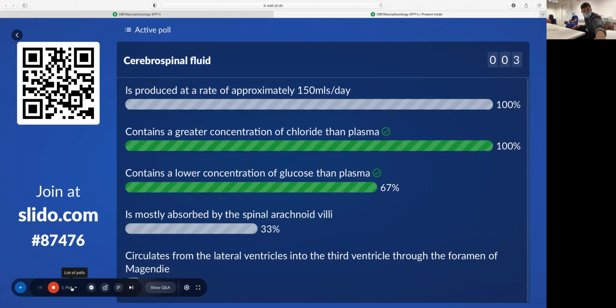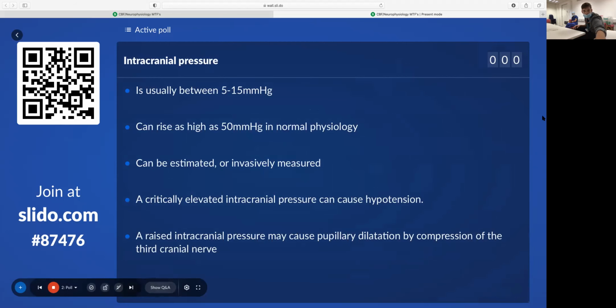Grand. Happy? Intracranial pressure questions.